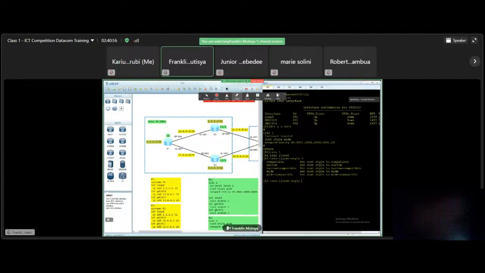Right, so those are the cost styles that we have. So these are level 1 routers.